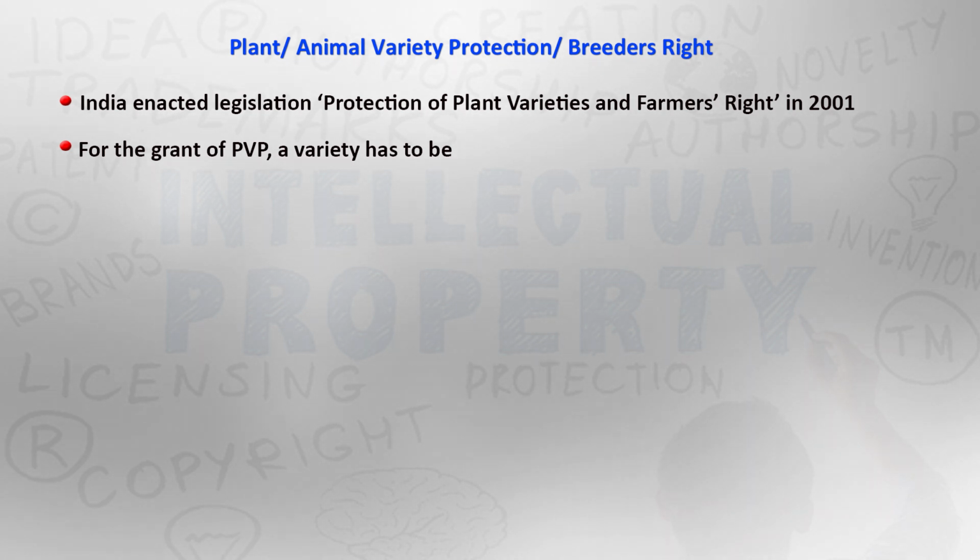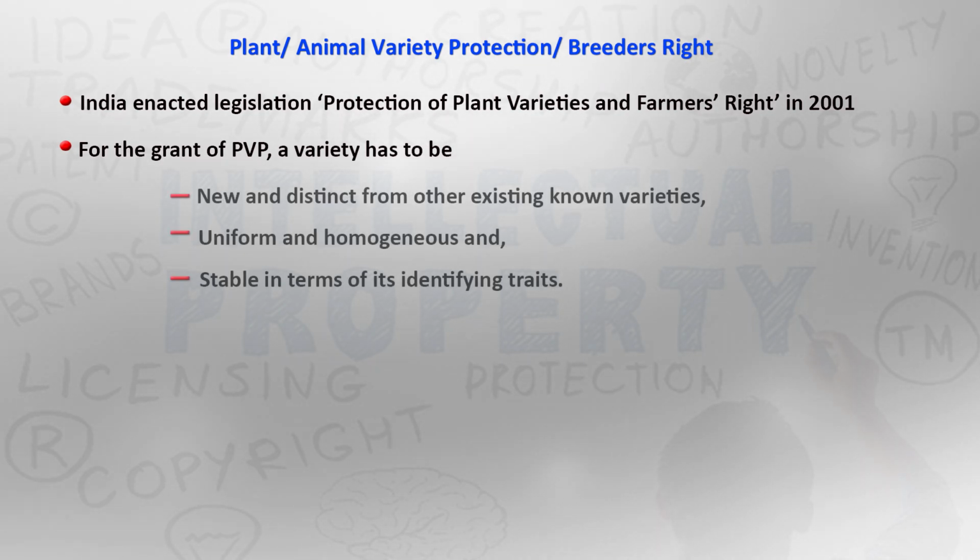And basically for the grant of plant variety protection, a variety has to be specific, it should be new and distinct from other existing known varieties, and it should be uniform and homogeneous in its characteristics, phenomena or genetic compositions, and also it should be stable in terms of identifying traits.